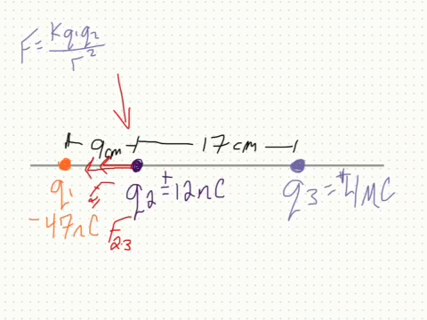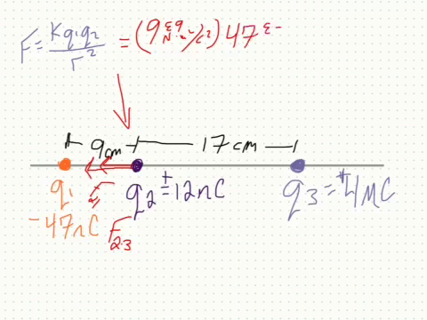So when I run the numbers for the force on particle 2, the purple one in the middle, by particle 1, I get 9E9, that's the constant, newtons times meters squared per coulomb squared. That's always the same, constant. Q1 times Q2, this is very important. 47 nanocoulombs is 47 billionths of a coulomb.